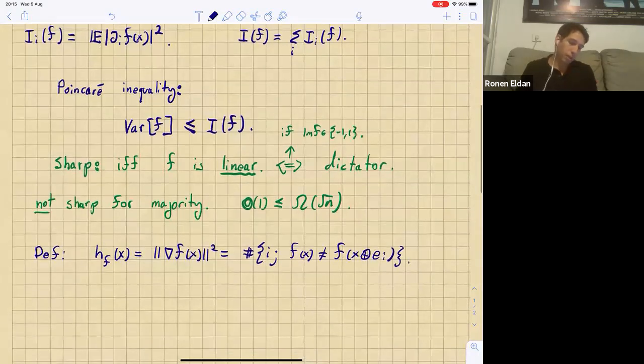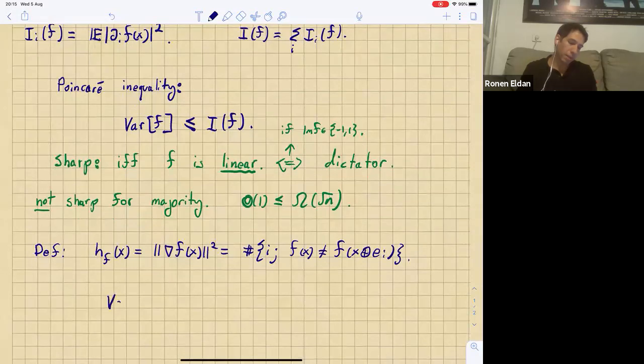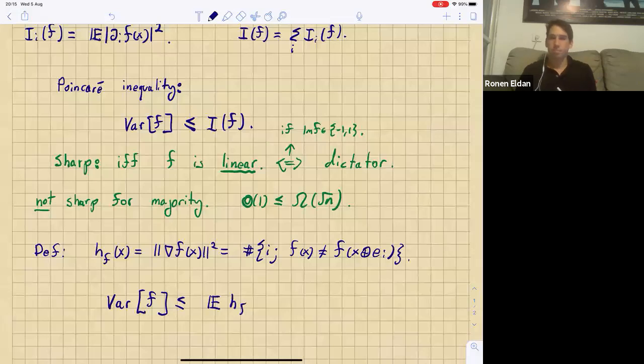And the Poincaré inequality can be reformulated as follows: the variance of f is at most the expectation of h of f. This is just another way to write the same inequality. And what Talagrand proved around '94 is that we can add a square root inside the expectation here.